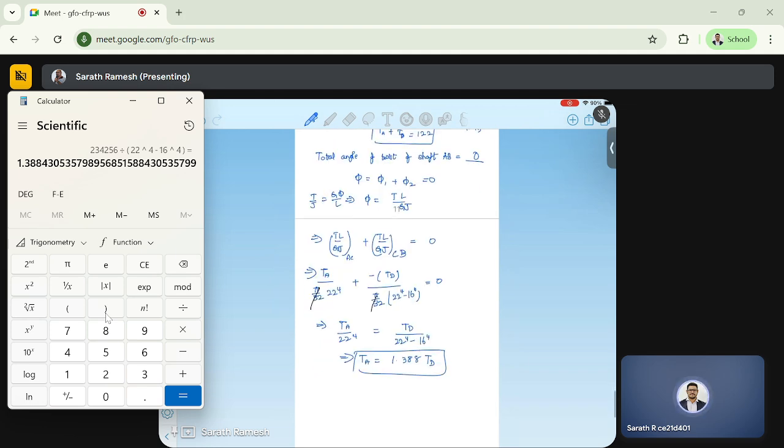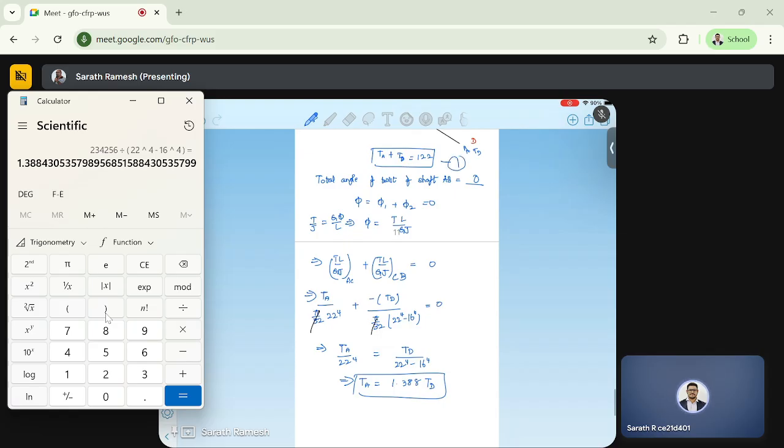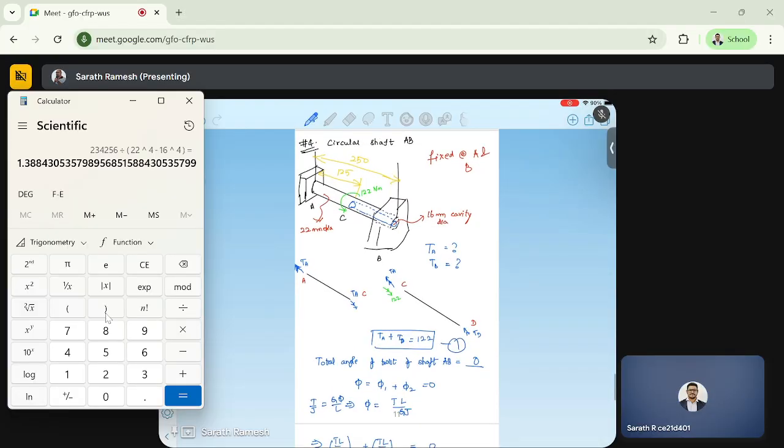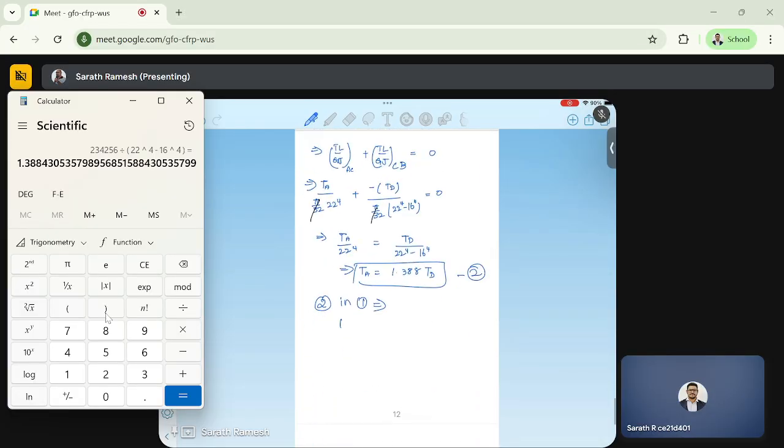Okay, so let's substitute back in equation 1. Therefore TD will be this plus 1, reciprocal of this, times 122. 51.08 Newton meters.